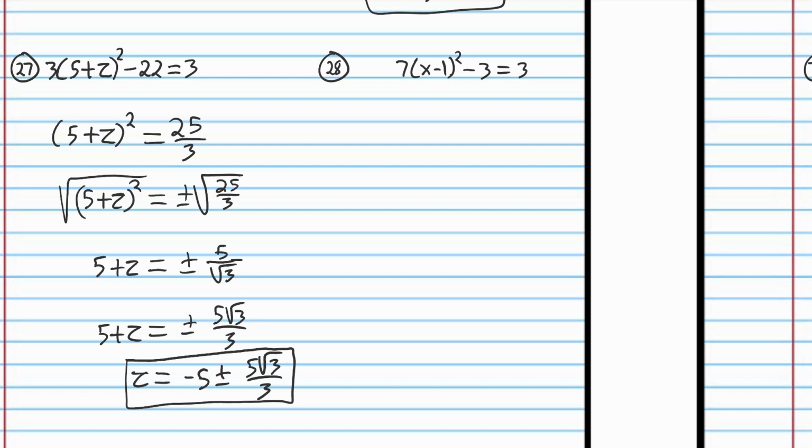All right, we're back. And there you go. We isolated the square. So now we rewrite, and we're going to square root both sides.